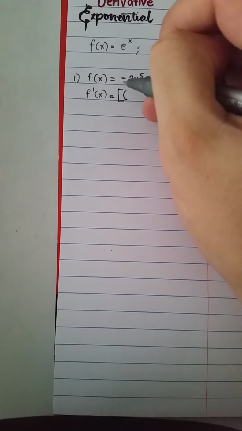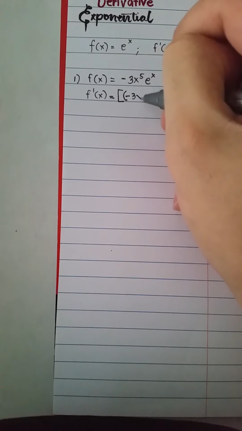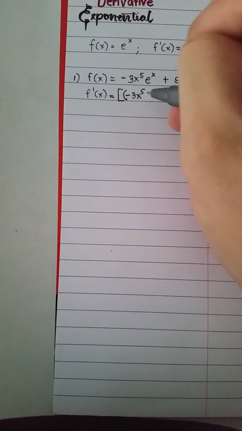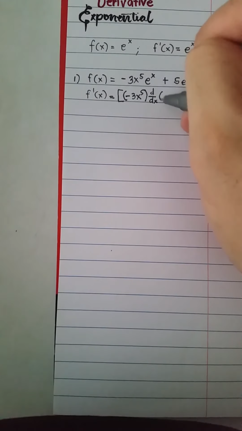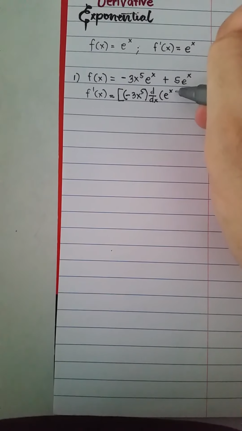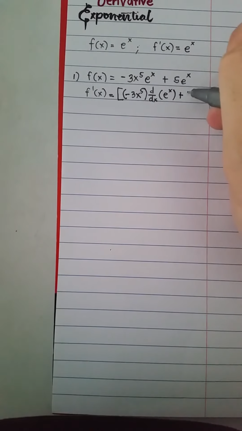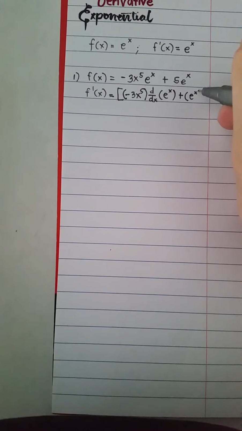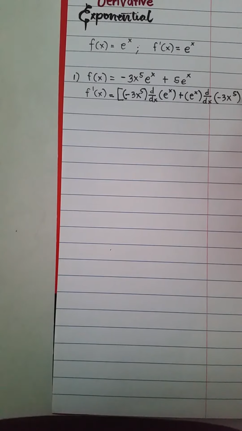So we have here the first factor, negative 3x to the fifth, times the derivative of the second factor e to the x, plus e to the x, we go back, derivative of negative 3x to the fifth power.